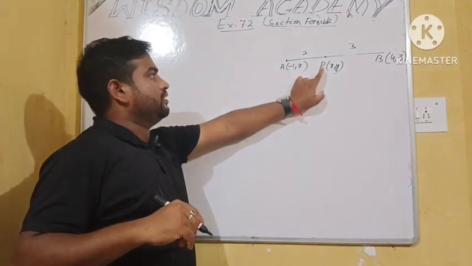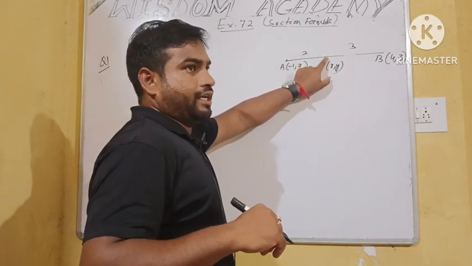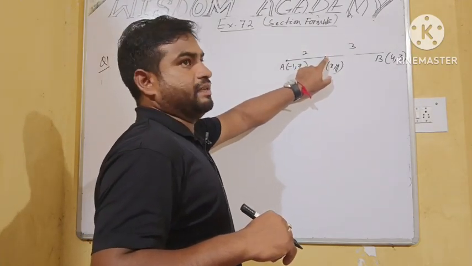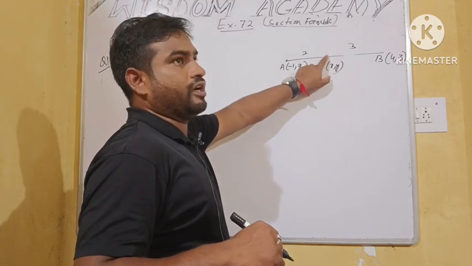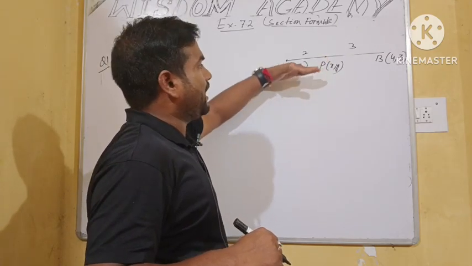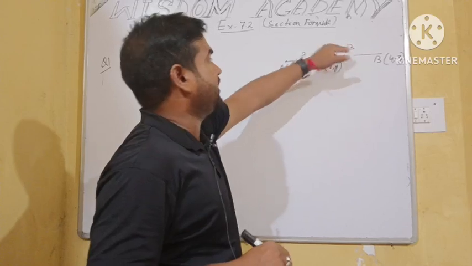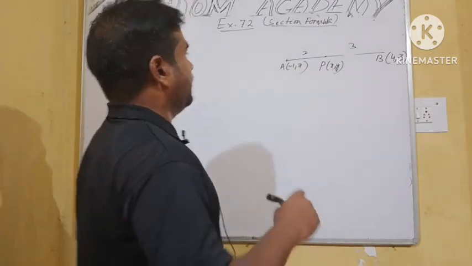We have to find the point of division. P is the point of division which divides the line segment AB internally in the ratio 2:3.